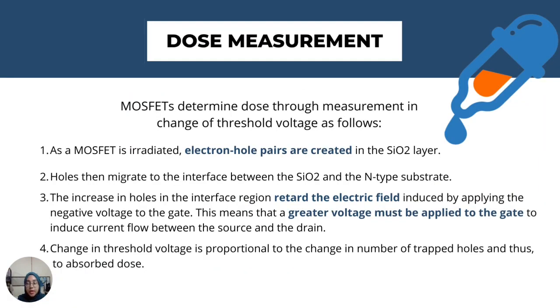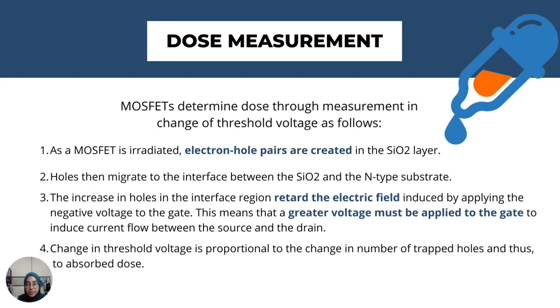I will now talk about how a MOSFET works in the dosimeter. A MOSFET determines dose through measurement of change in threshold voltage. Firstly, as a MOSFET is irradiated, electron hole pairs are created in the silicon dioxide. Then, holes migrate to the interface between the silicon dioxide and the N-type substrate.